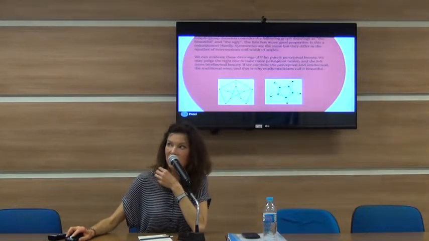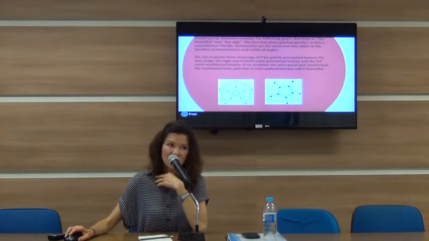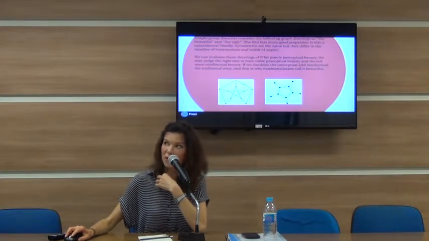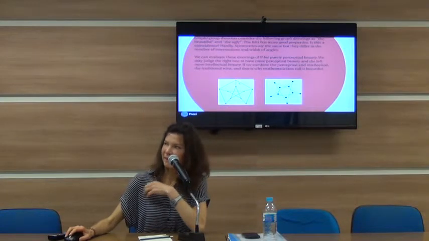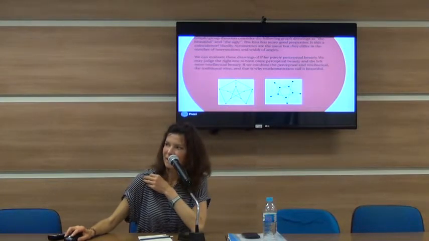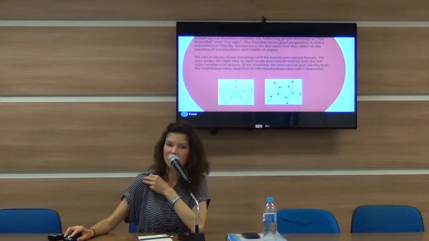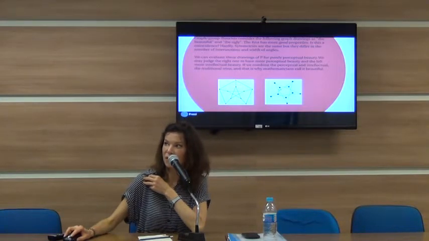What I mean here is that the inner angles are much broader in this first drawing. Here there are narrow angles, and here we have larger angles. So here, for example, this angle is very large compared to these angles.